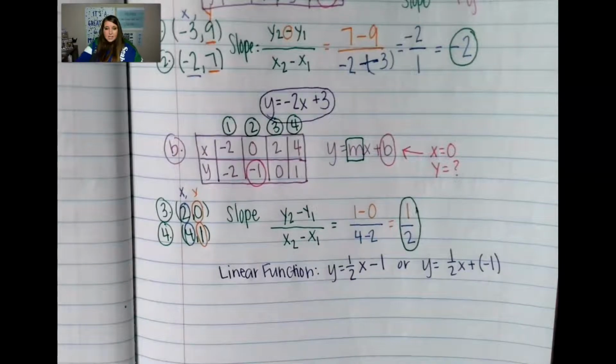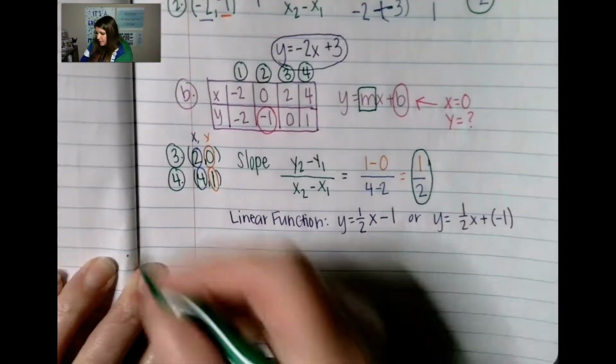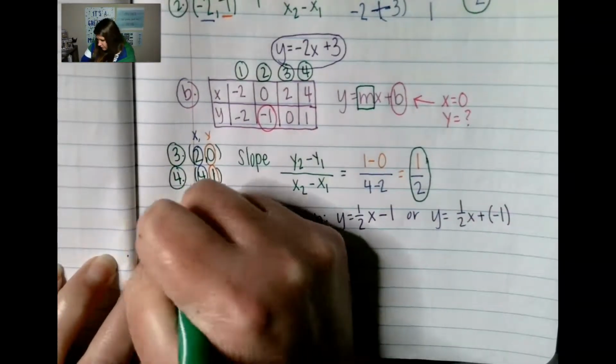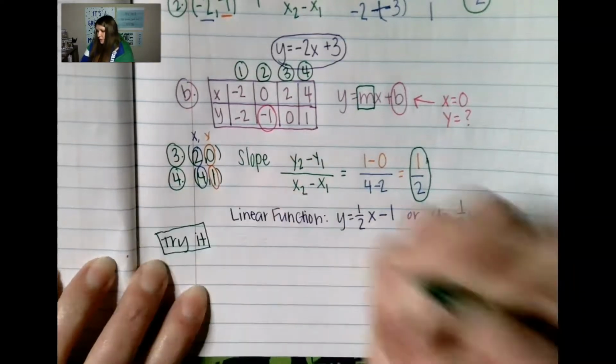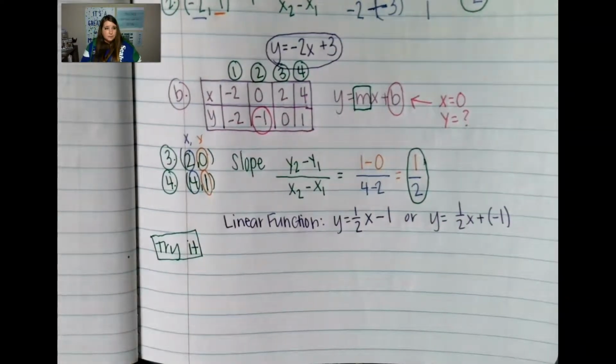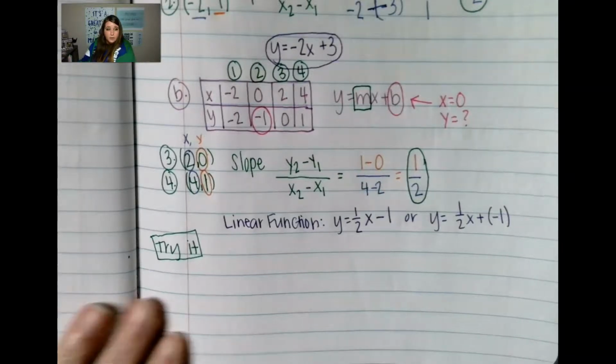Okay, it is your turn now for a try it. So we're going to have you do a try it. Let me get this written out for you. So I'm going to give you the table, and your job is to create a linear function from that table.